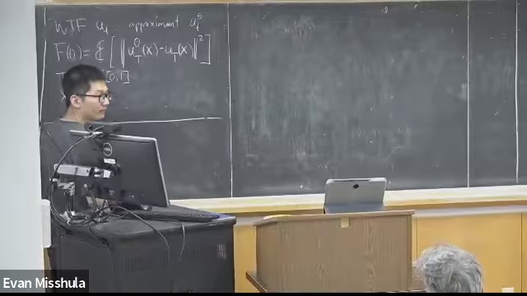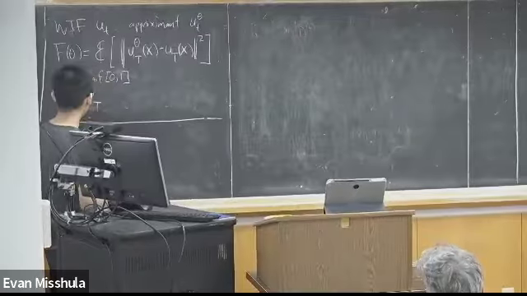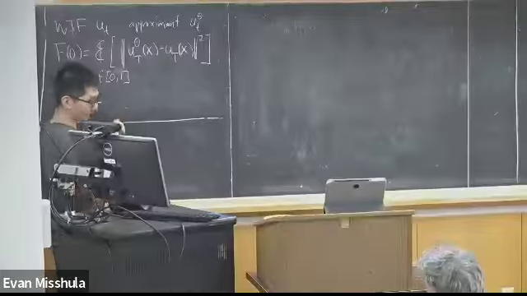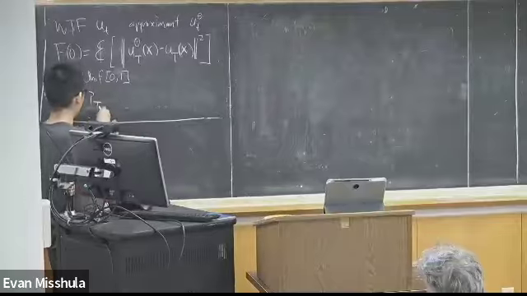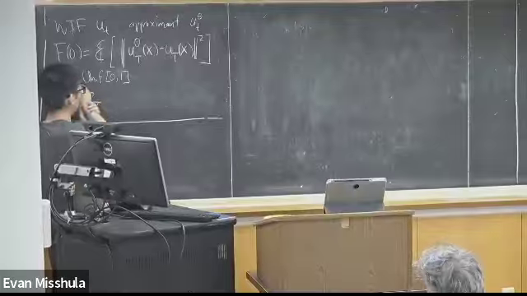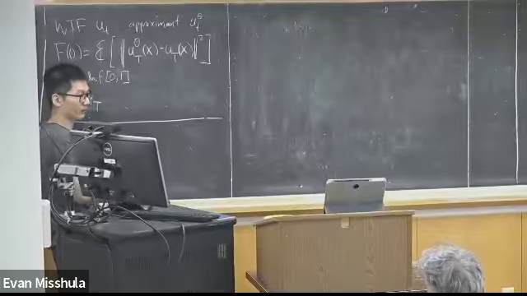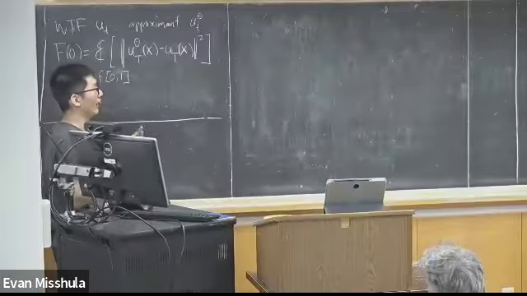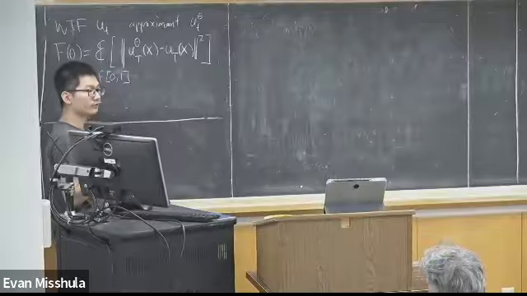P is the probability at some given time, and in this case the time is uniform, right. Why am I choosing a random time? You just want to quantify the average.